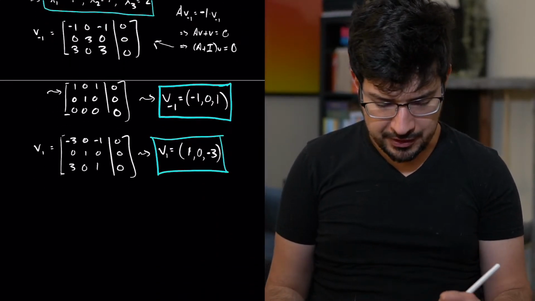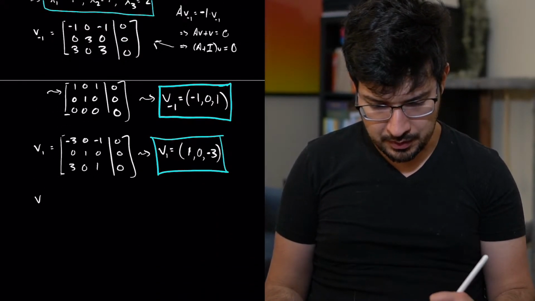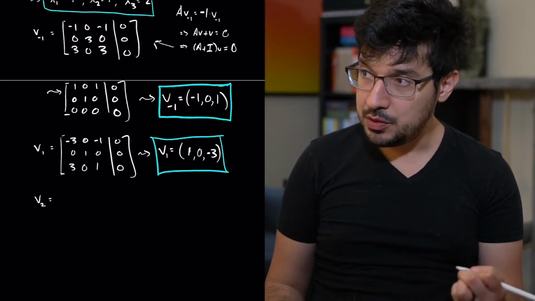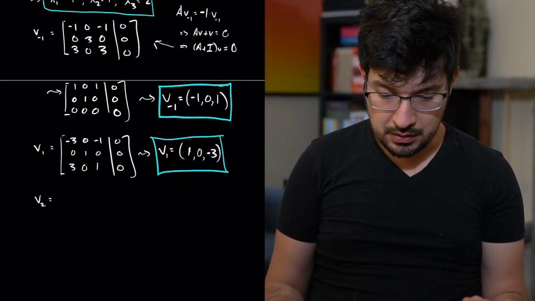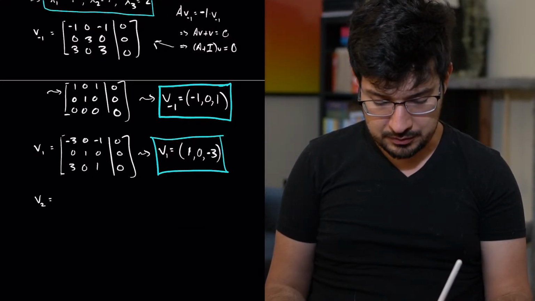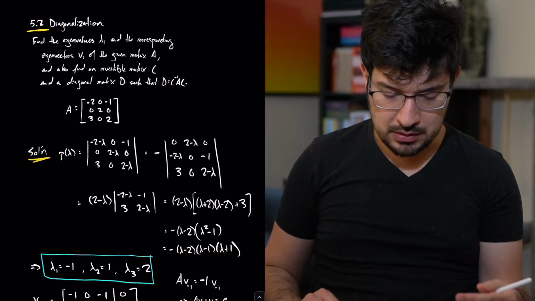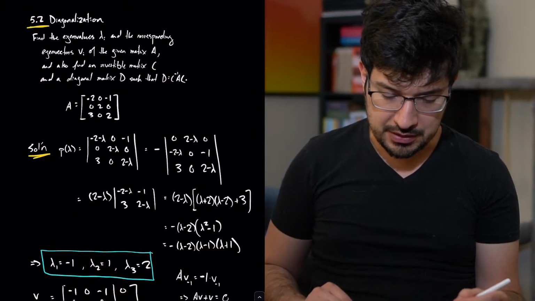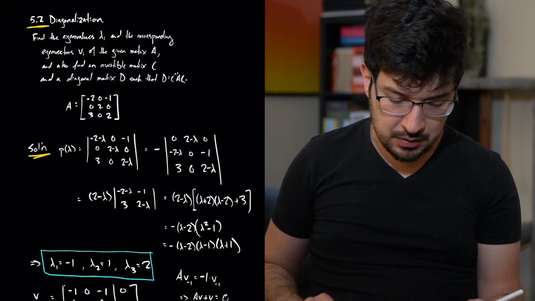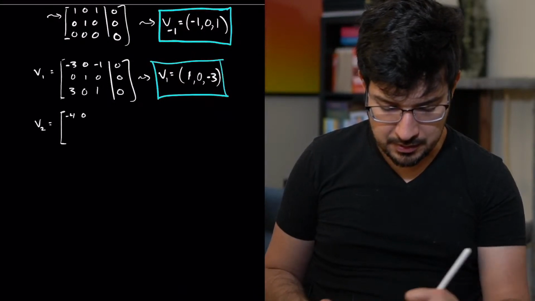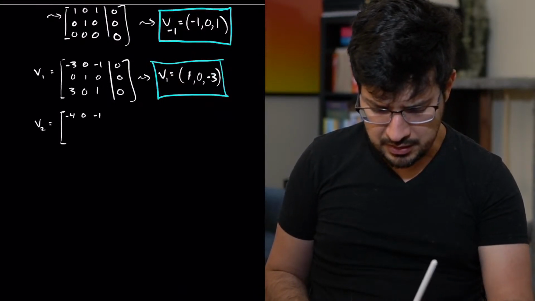Our third eigenvector corresponds to lambda equals 2. So then we subtract 2i from matrix A. So -4, 0, -1.